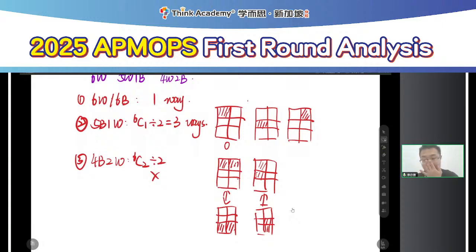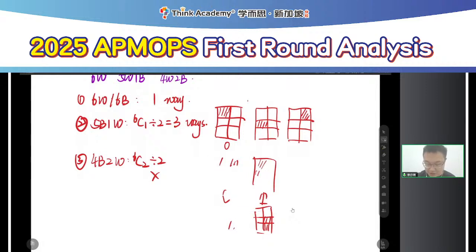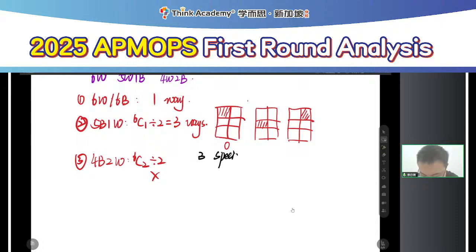Why is that? Because there are some that when rotated are exactly the same shape as previously. So now we have the 3 specials here. We don't draw all the things. So now we have the 3 special ones who rotate 180 degrees, the same thing.